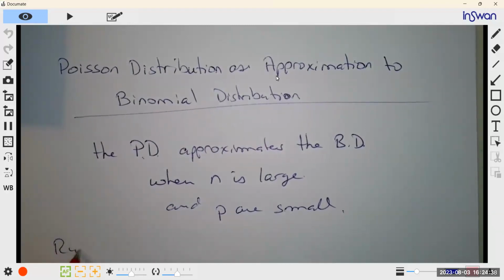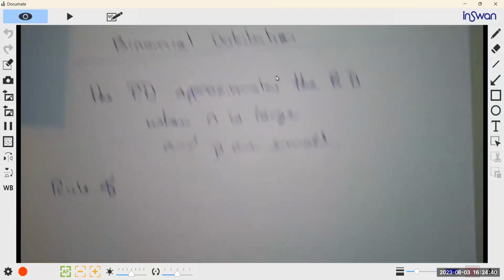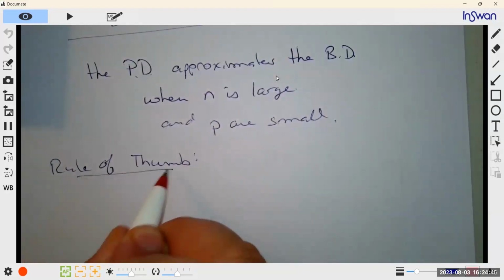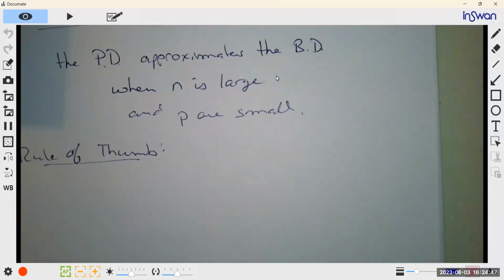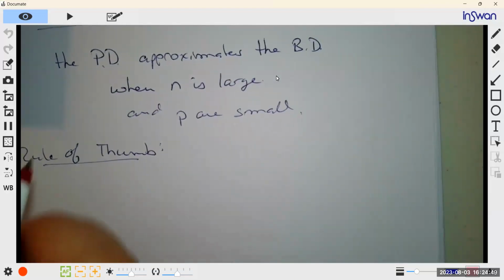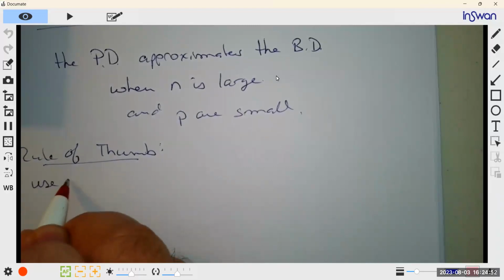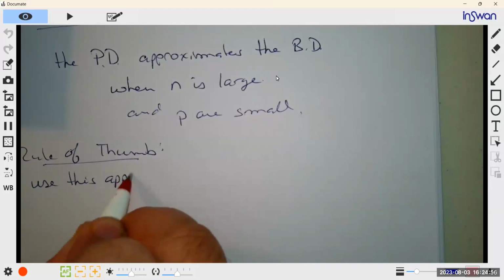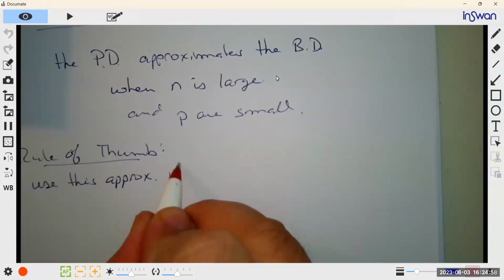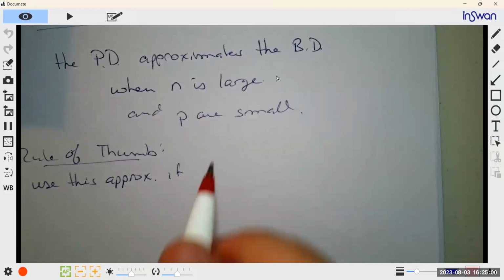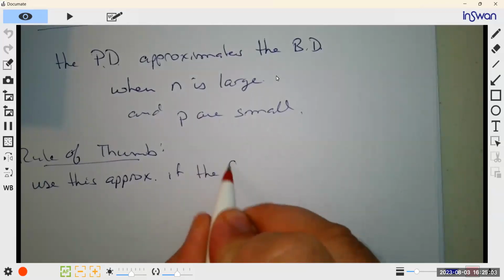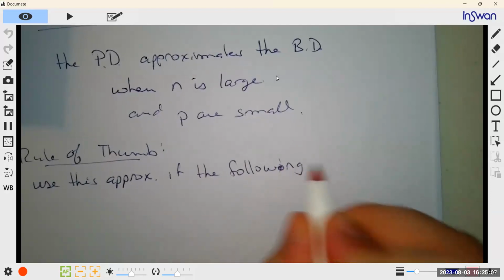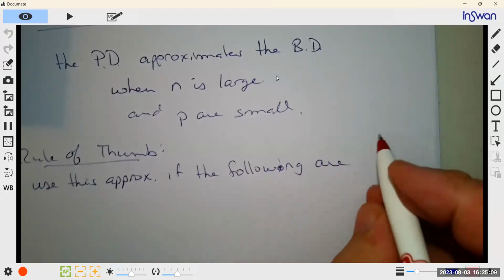So as a rule of thumb, use this approximation if the following are true.